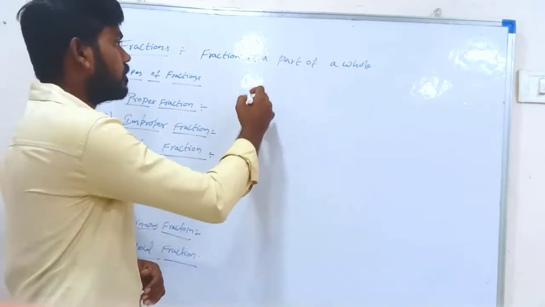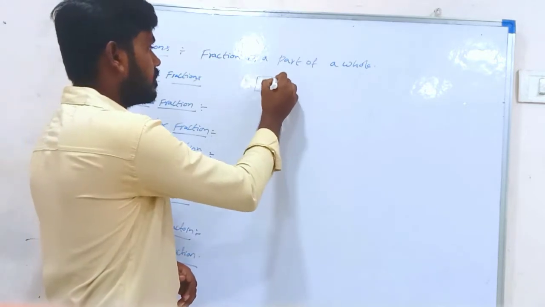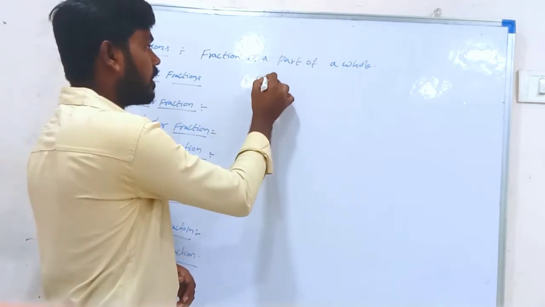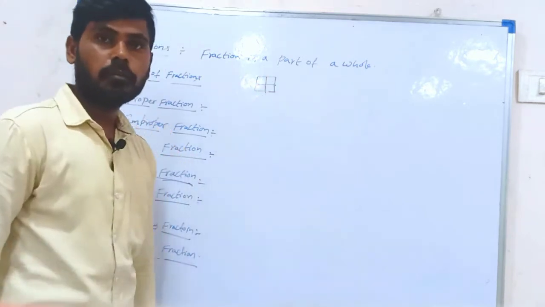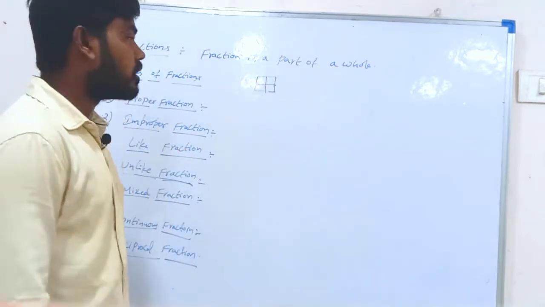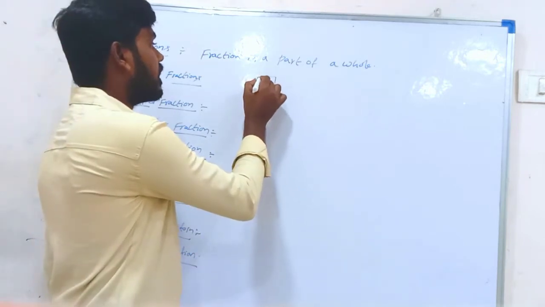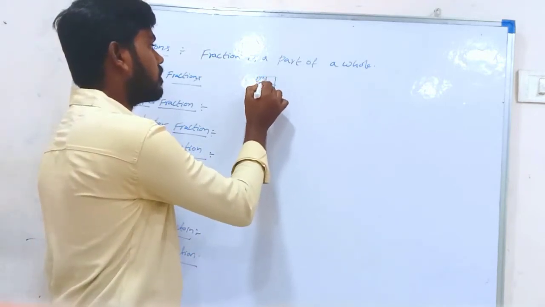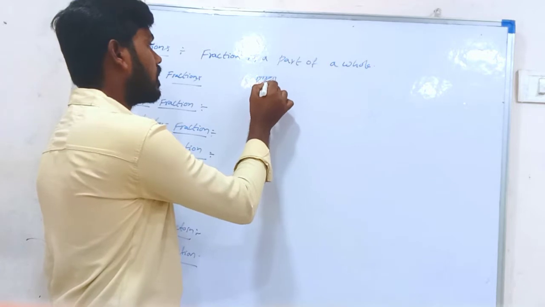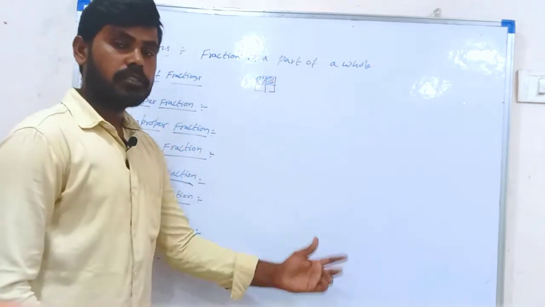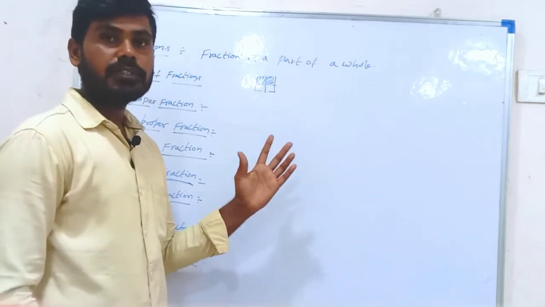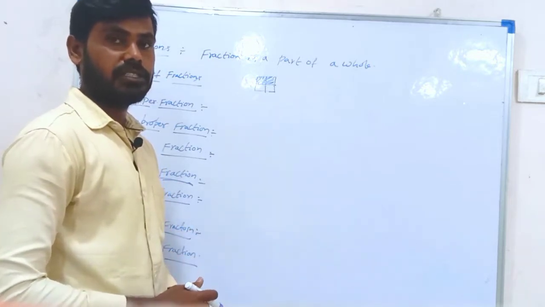For example, if we take this square and divide it into 4 equal parts, and among these 4 equal parts, we are shading 2 parts. In this case, we can ask what is the fraction of the shaded part in the given picture.